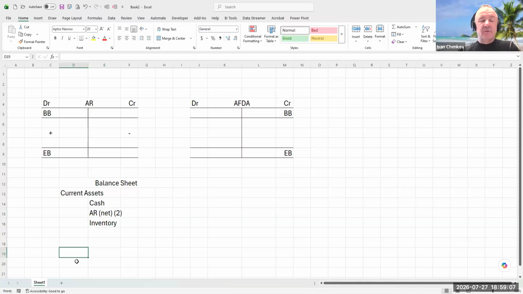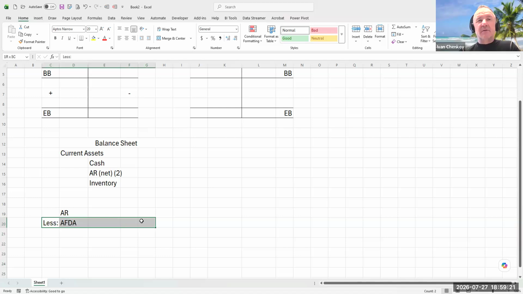And under that note 2, when we look at the note, we're going to have accounts receivables, and that will be less allowance for doubtful accounts. Once we deduct one from another, it's going to give us accounts receivables net amount.